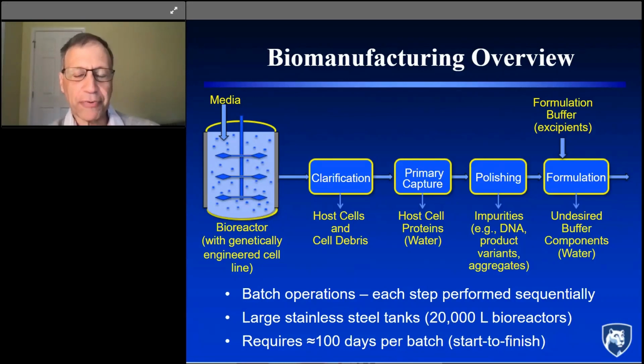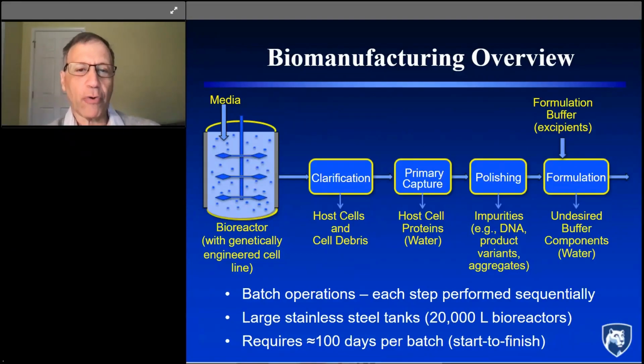And then you go through a series of steps involving clarification, primary capture, polishing, and formulation. Now, the industry today accomplishes this set of operations in a fully batch mode. That is, each step in the process is completed before the next step is even begun.